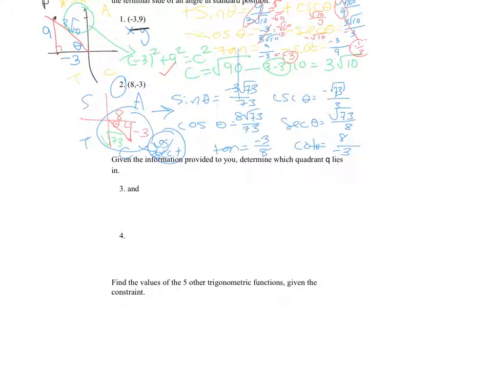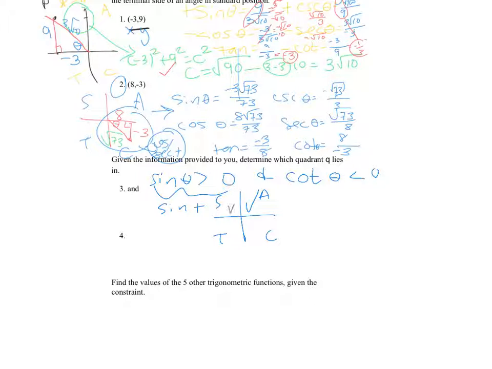So now for this next one, for number 3, it said that the sine of theta is greater than 0, and it says cotan of theta is less than 0. And it says, what quadrant are we in? So here we know that sine has to be positive. Sine is only positive in this quadrant, and this quadrant.